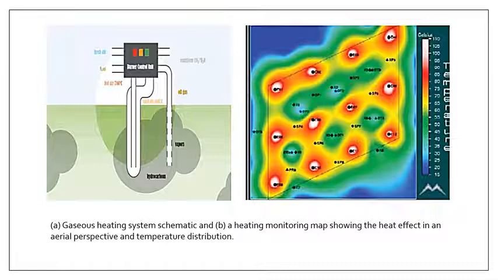Here are two diagrams. First is the schematic of a gas-based heating system. So you have here pipes which are using gas to introduce heat to your soil. And the other figure is a heat monitoring map to see how effective the method is and where the heat distribution is occurring in your treated site.